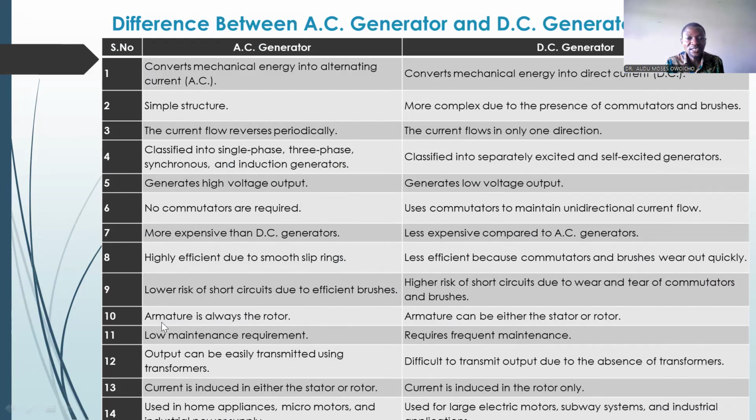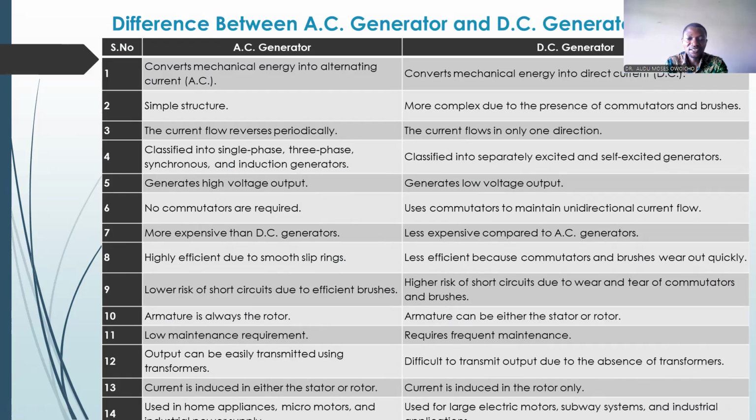AC generator has an armature which is always the rotor, while DC generator has an armature which can either be the stator or the rotor. Low maintenance is required for AC generator, while DC generator requires frequent maintenance. Output can be easily transmitted using a transformer, stepped up or stepped down, while DC is difficult to transmit due to the absence of transformer.